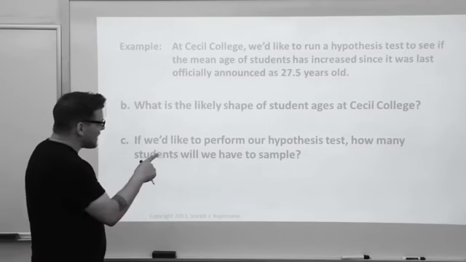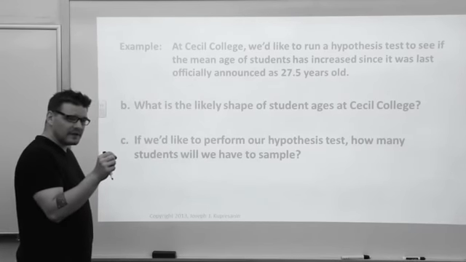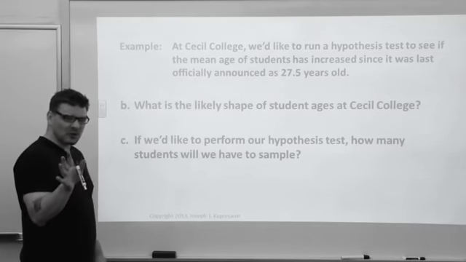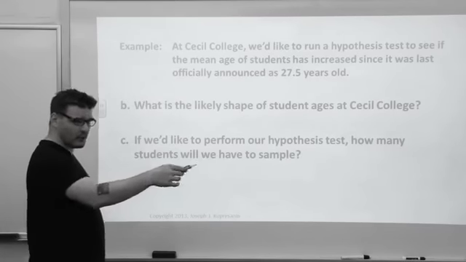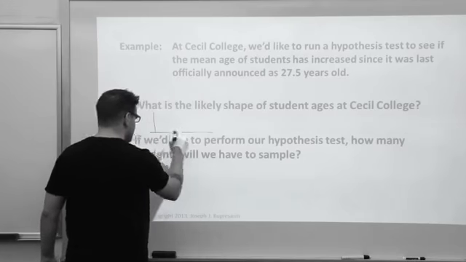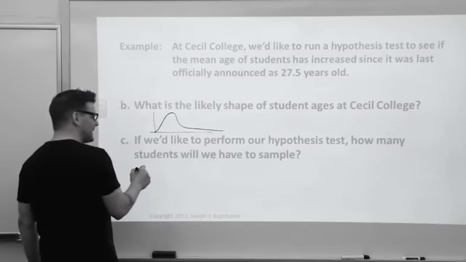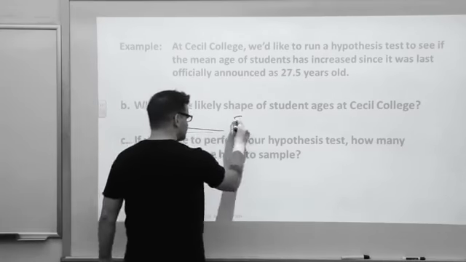The likely shape: we've got a ton of data at the small values, and as students get older, there are fewer at each older age in general. So that shape is probably going to look like that. Skewed right for sure.